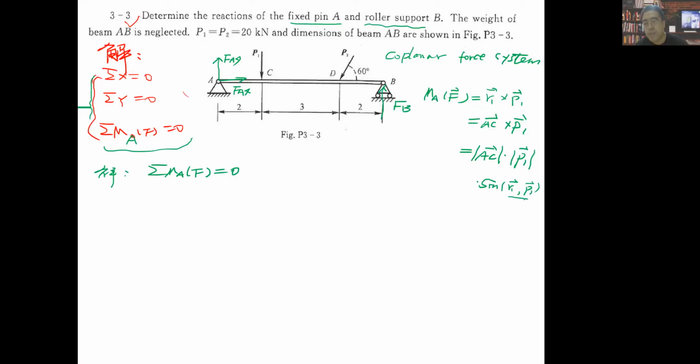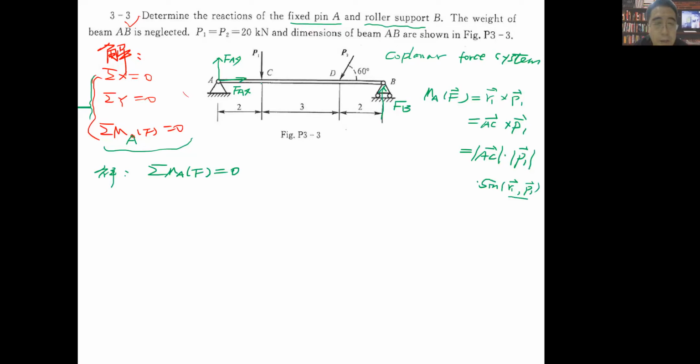This means the intersection angle between this position vector and this force vector, right? Because it all happens on the same plane.